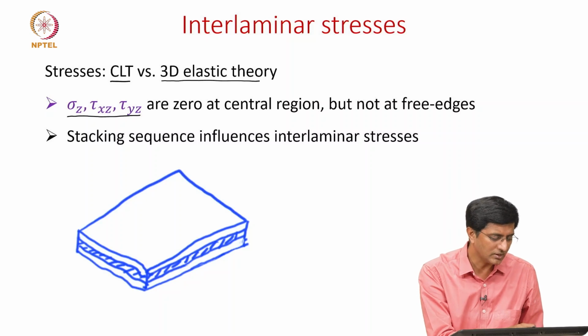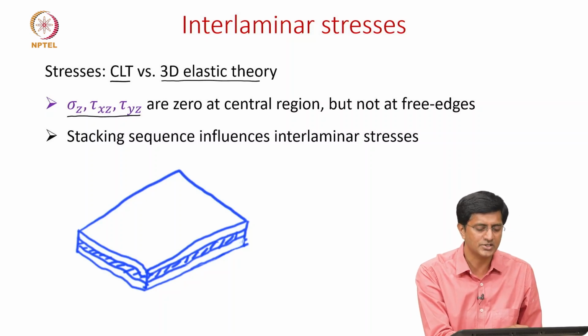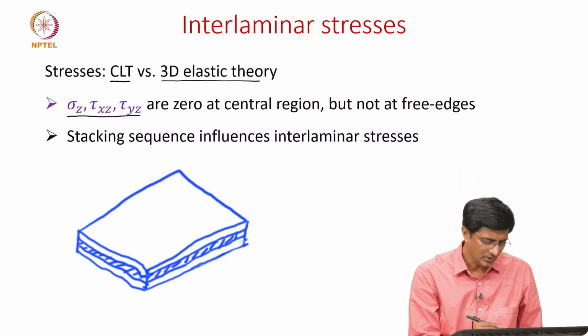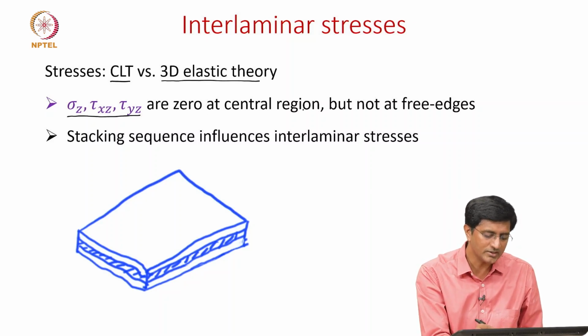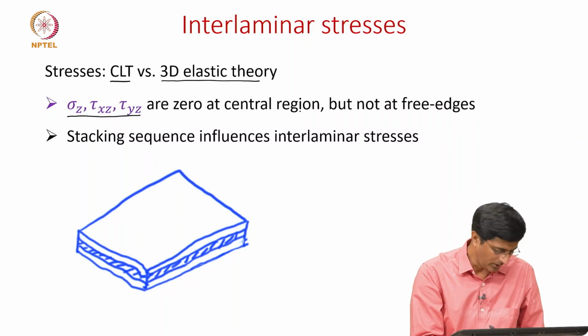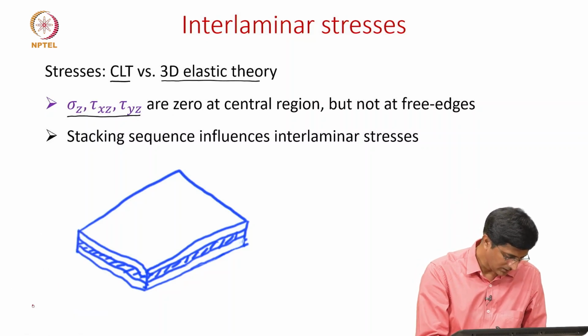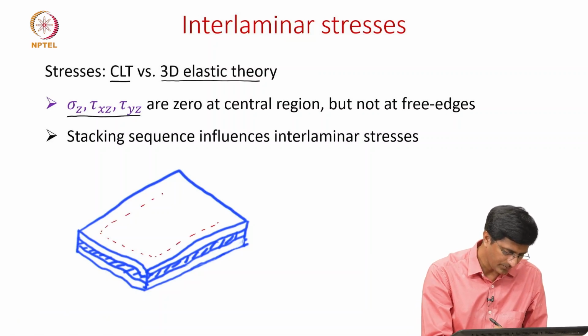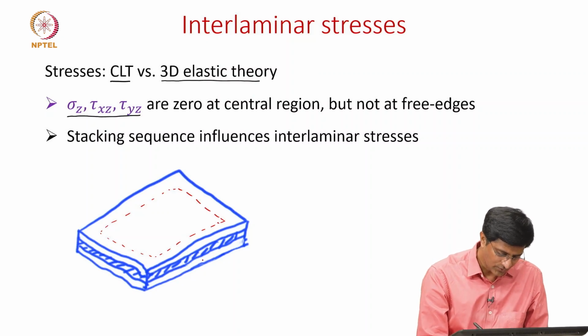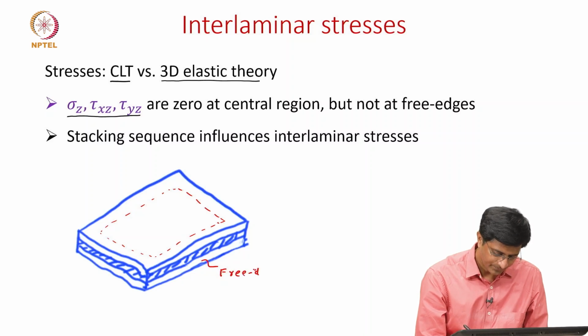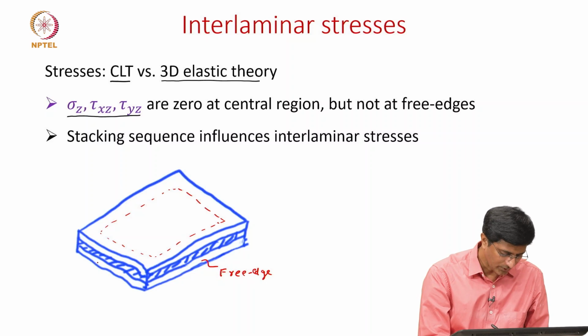Once this comparison is made with the 3D stresses, what people found out is this assumption is true, that these out of plane stresses are 0 at the central region of the laminate. Meaning, let's say there is some central region away from the free edges. These areas we'll call the free edge. We have the same free edge here, and here and here.